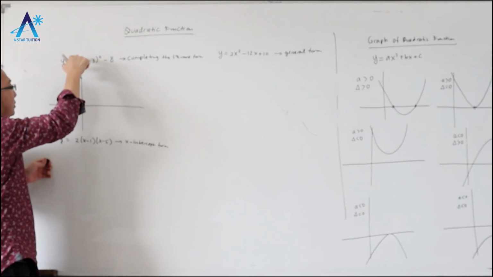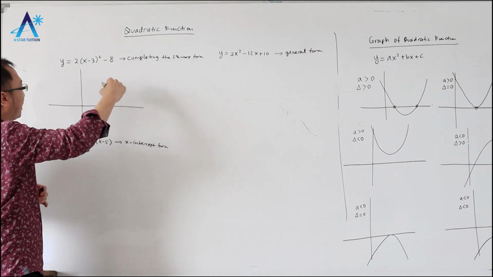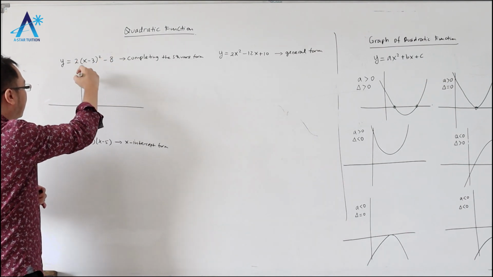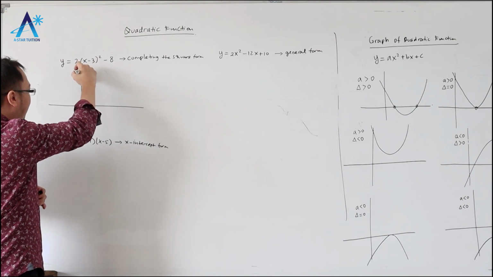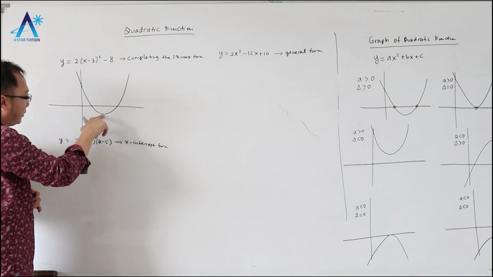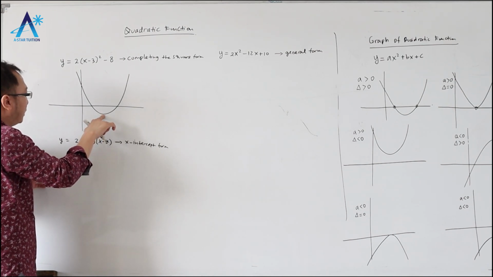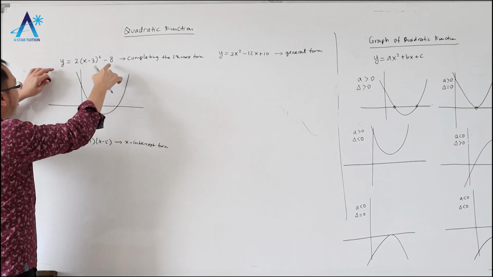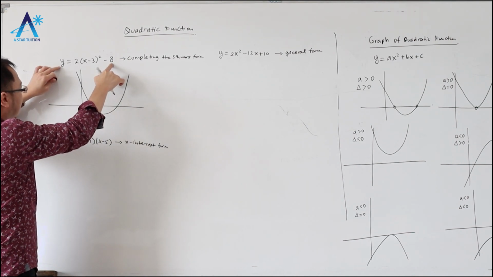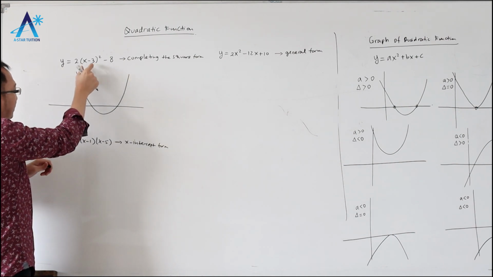This is the a, which is positive. So the graph has to be a concave up graph. Now a concave up graph has a minimum value here, and the minimum value of such an equation could be found by setting this to be 0.